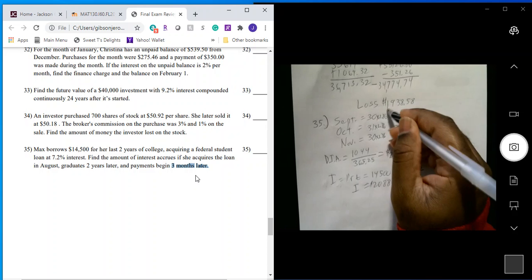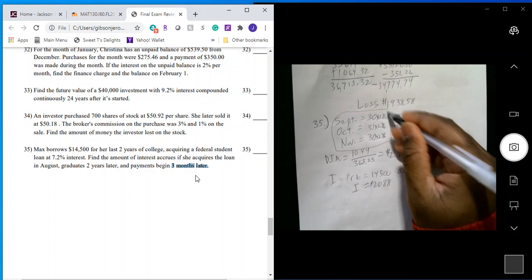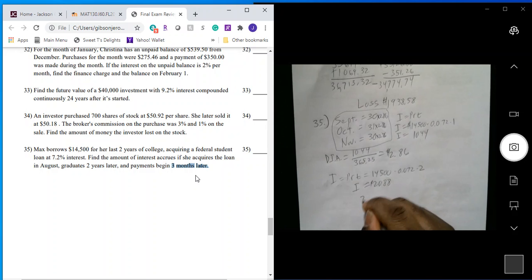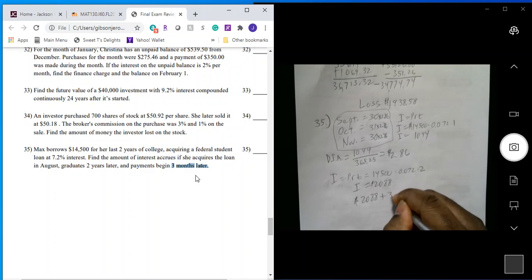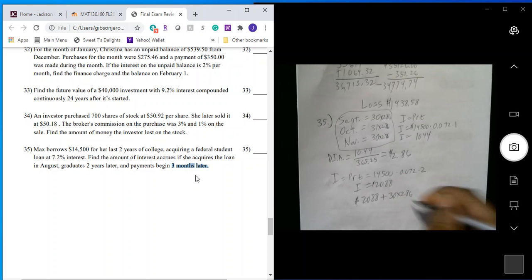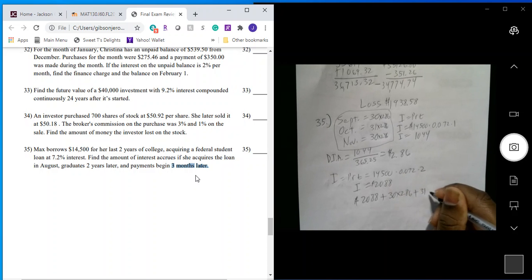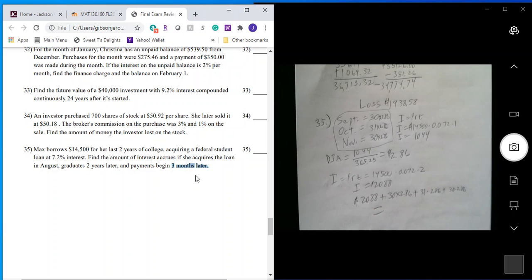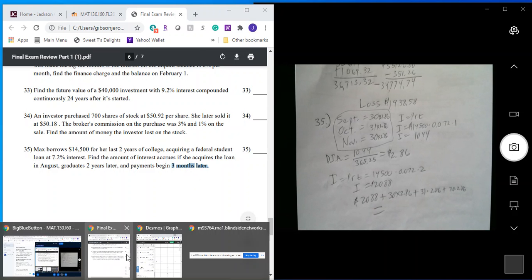This is where these values come into play. We will have our 2,088 plus the 30 days times 2.86, plus the 31 times 2.86, plus the 30 times 2.86. When you add and multiply all this together, it will give you how much interest has accrued.